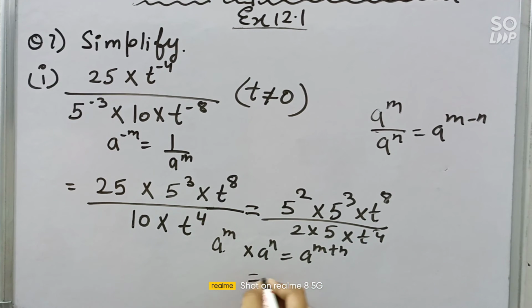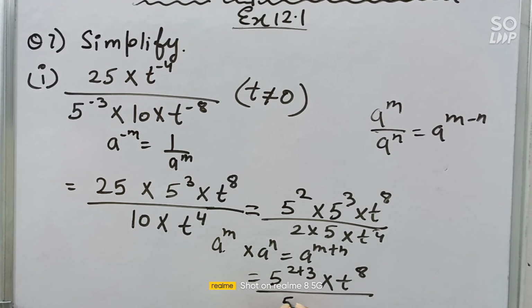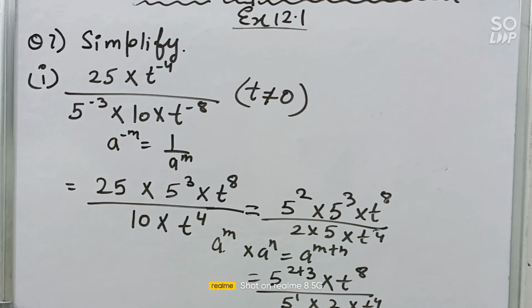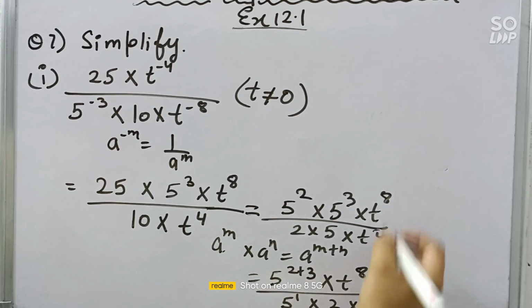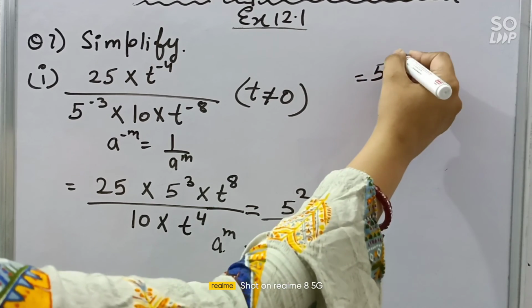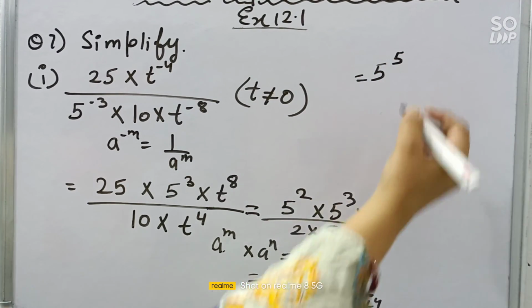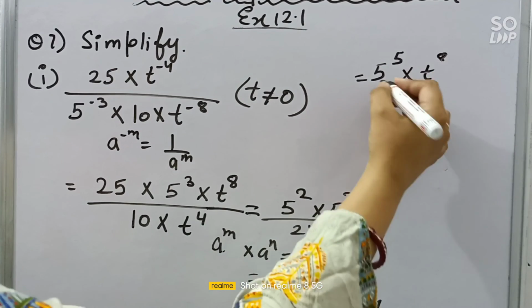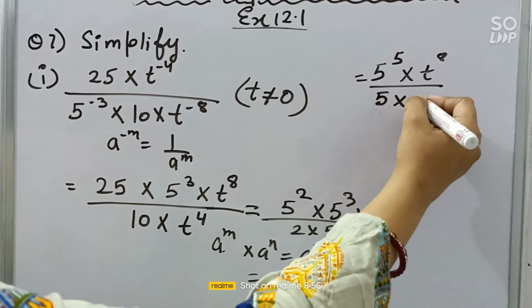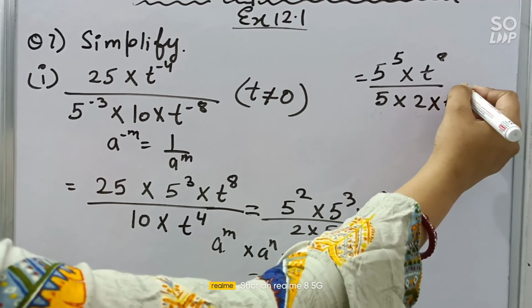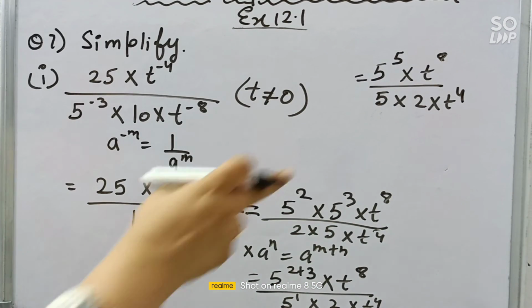By applying this we can write 5 raised to the power 2 plus 3 multiplied with t raised to the power 8 upon 5 raised to the power 1 into 2 into t raised to the power 4. So by this it becomes 5 raised to the power 5, 2 plus 3 is 5, multiply t raised to the power 8 whole upon 5 multiply 2 multiply t raised to the power 4.